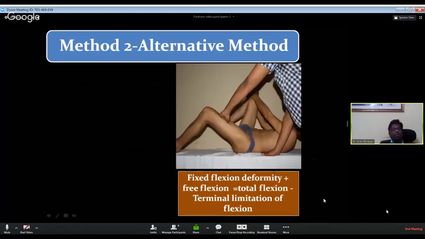What are the alternative methods of assessing the fixed flexion deformity?